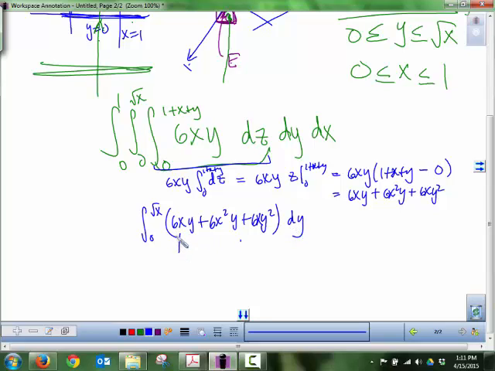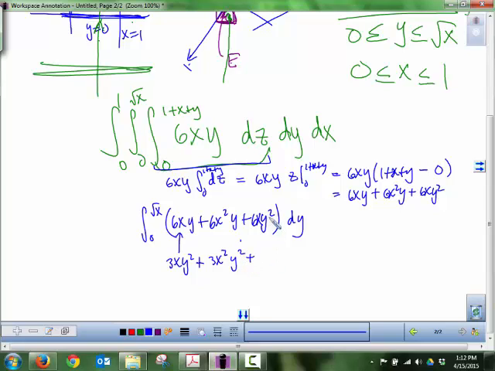So the integral of 6xy squared with respect to y would be y squared over 2, right? So the 2 and the 6 would cancel, so that'll give me 3xy squared. And another y squared over 2, so 3x squared y squared.